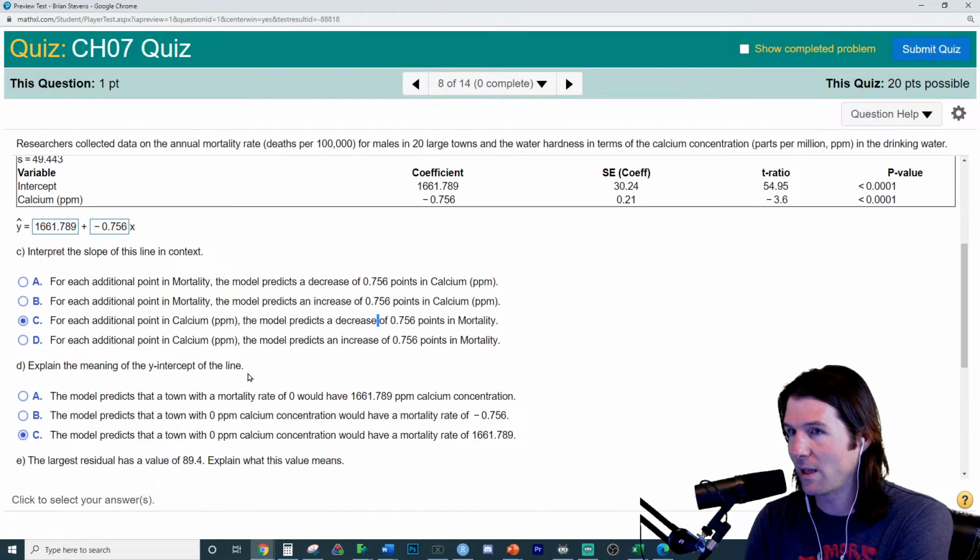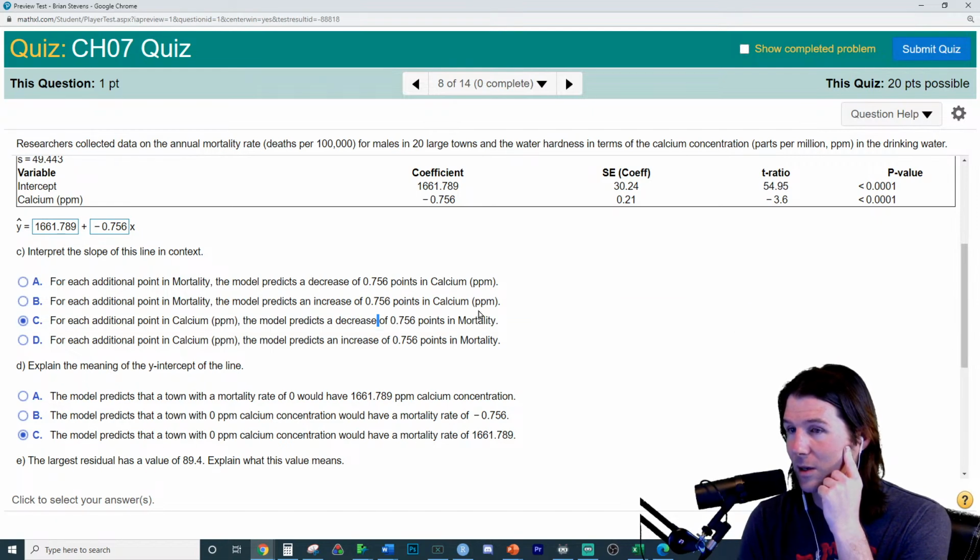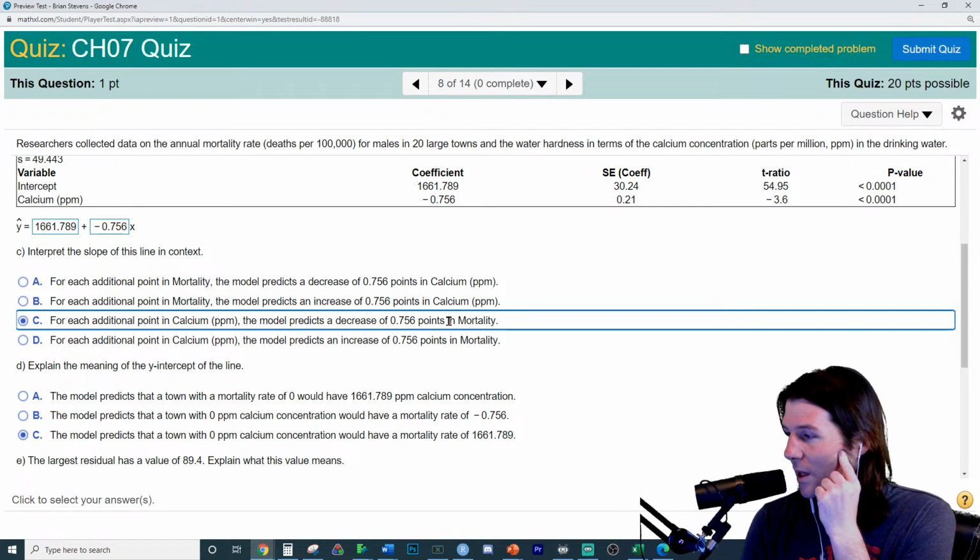Don't get caught off guard by that like I did. I read it too quickly. The difference between these and these is the negative slope. And I might have even said increase when I was talking through it, because the general way I say it is, for each one unit increase in x, we expect y to increase by b naught, or b1, excuse me. And it is a negative slope as indicated right here. So definitely a big error right there.